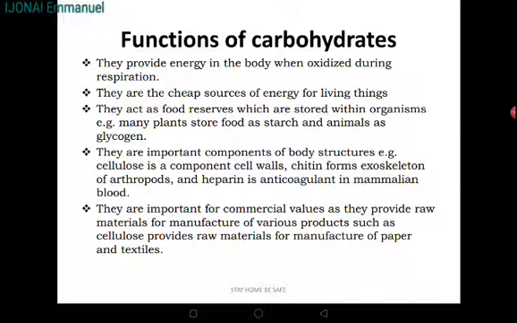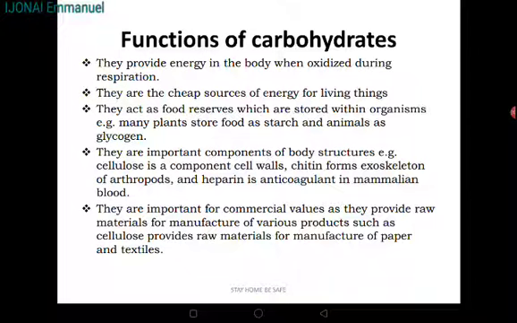And then we have heparin, which is the anticoagulant in mammalian blood. Heparin keeps our blood in liquid form when it is flowing through the blood vessels. It prevents clotting of blood within the blood vessels. So it's a very important compound there. It has a component of carbohydrates.